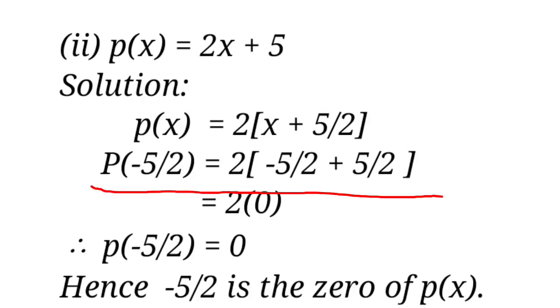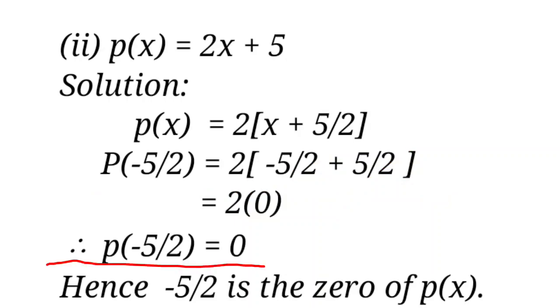Then p of minus 5 by 2 is equal to 2 into minus 5 by 2 plus 5 by 2. Then minus 5 by 2 plus 5 by 2 cancel. Then 2 into 0. Therefore, p of minus 5 by 2 is equal to 0. Hence, minus 5 by 2 is the 0 of p of x. That's all.